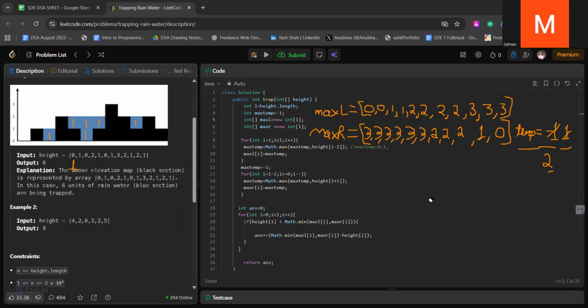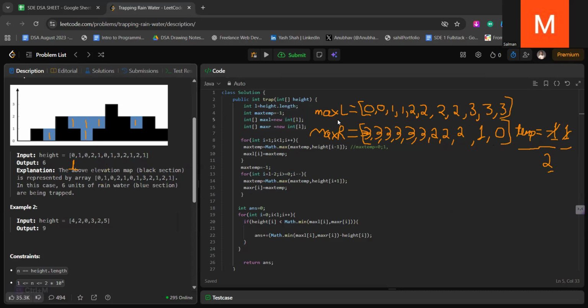So we need to put one more 3. Let's insert this inside the array. Yes. So 7 3s, 3 2s, which are this, this. 1 2 3, 3 2s, and 1 1 1 0.